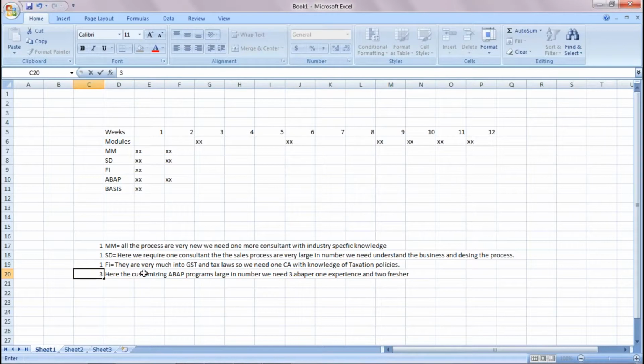Why 3 consultants? In any project, whenever you go for an SAP implementation, you see the ABAP batch should be large in numbers, like 6, 8, even 10 people, because they have very little time and have to develop very large things.